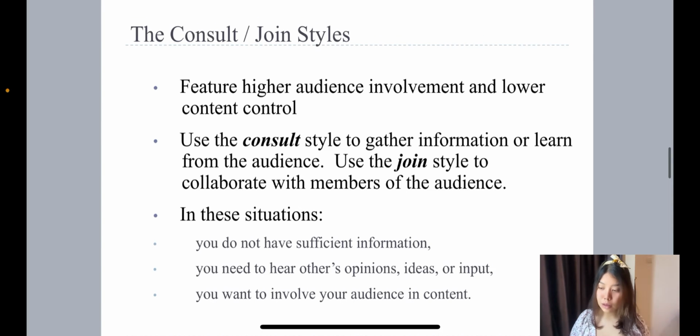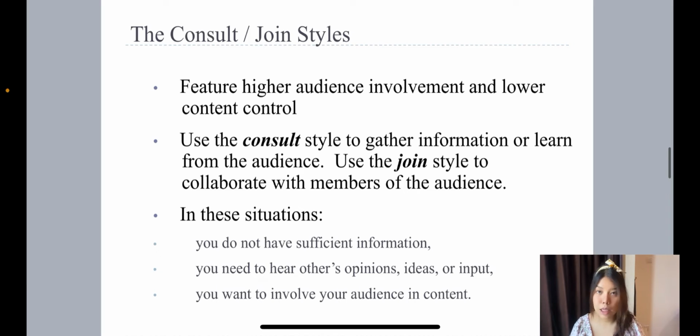Use the consult style to gather information or learn from the audience. Use the join style to collaborate with members of the audience. In this situation, you do not have sufficient information. You need to hear others' opinions, ideas, or input, and you want to involve your audience in content.